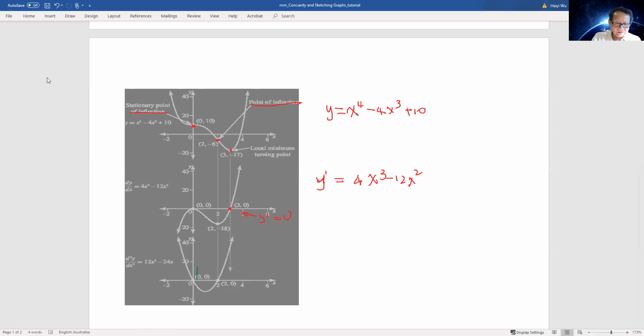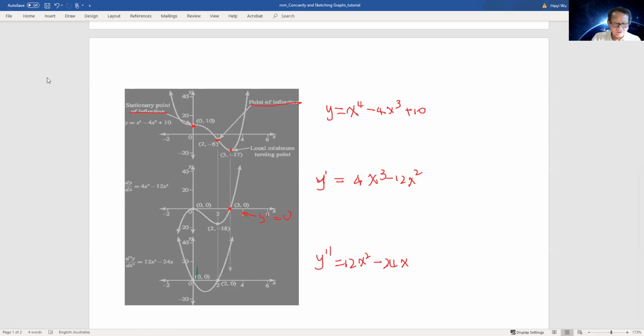All right, now let's have a look at why y is a minimum, because if you look at the second derivative, y double dash is 12x squared minus 24x.